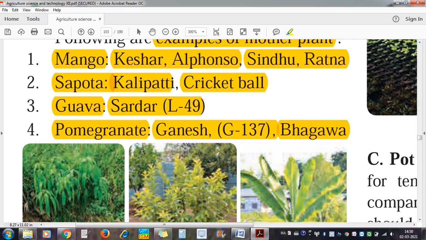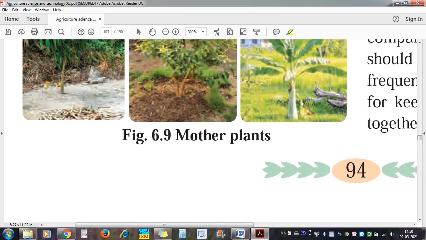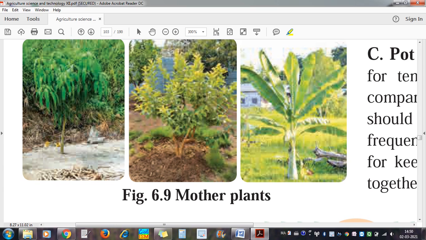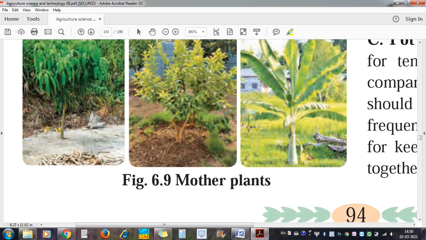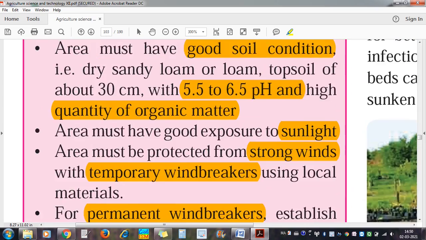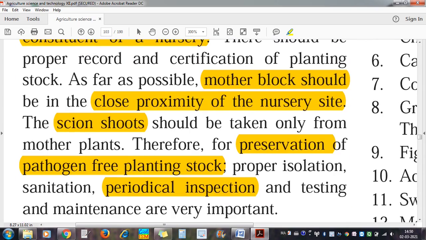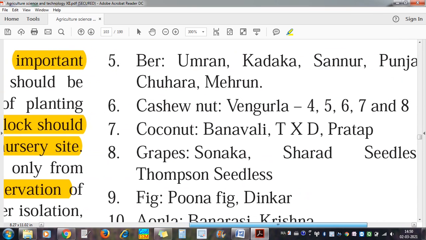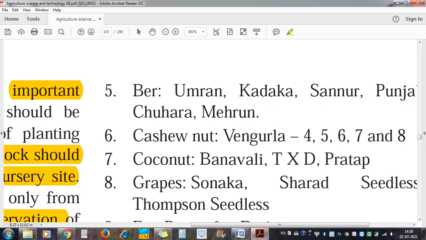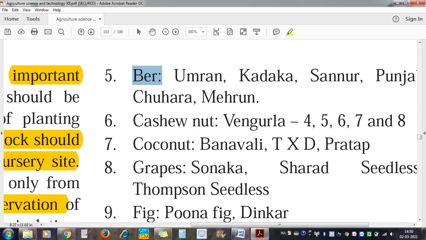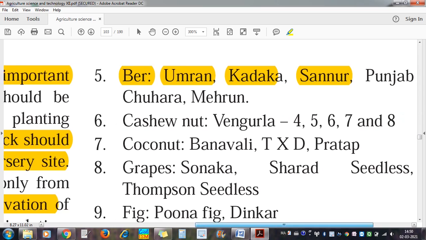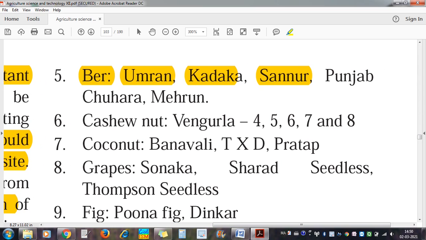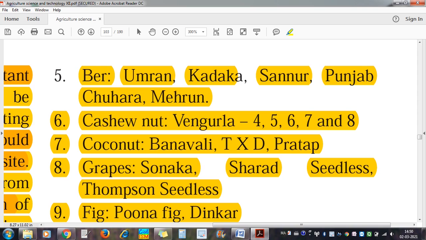So have a look at this picture. These are the mother plants. Some other examples are also available. For example, ber, with varieties Umran, Kadaka, Sanur, or Punjab varieties, and likewise cashew nut, coconut, grape.